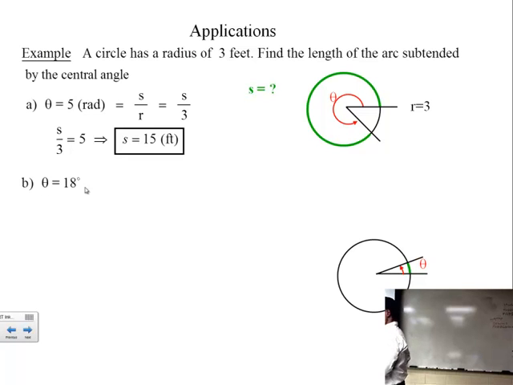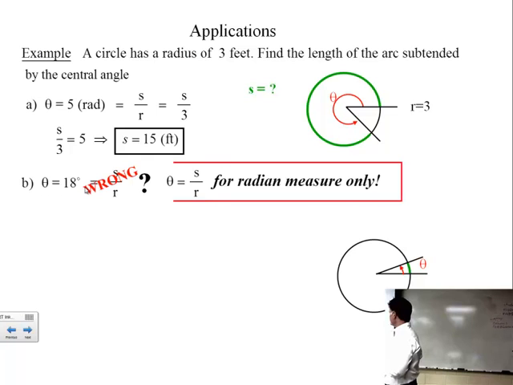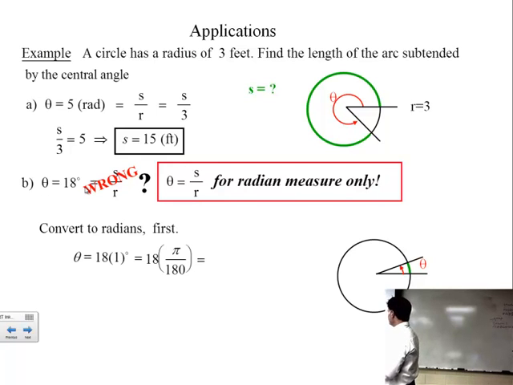Well, no. If we just multiplied r by 18, we'd be forgetting that theta is in degrees, and this equation gives theta in radians. So we have to convert theta into radians. So that's wrong. This is for radian measure only. So we convert to radians first, and we get pi over 10 radians.